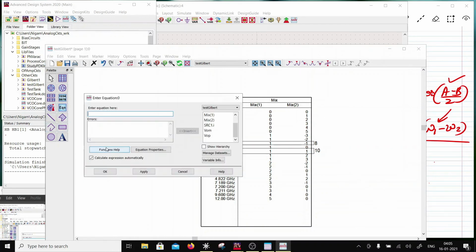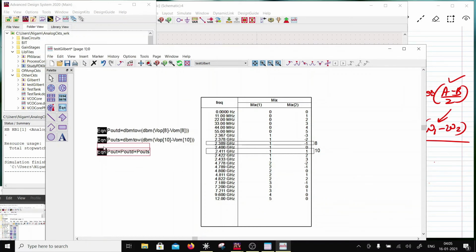So the total P out will be equal to P out D plus P out S, right? So that will be the total P out.